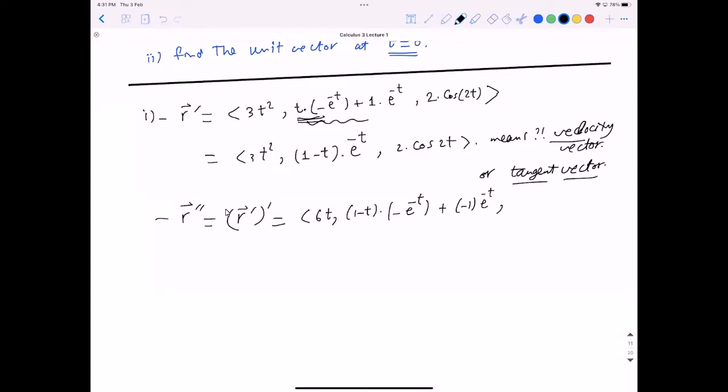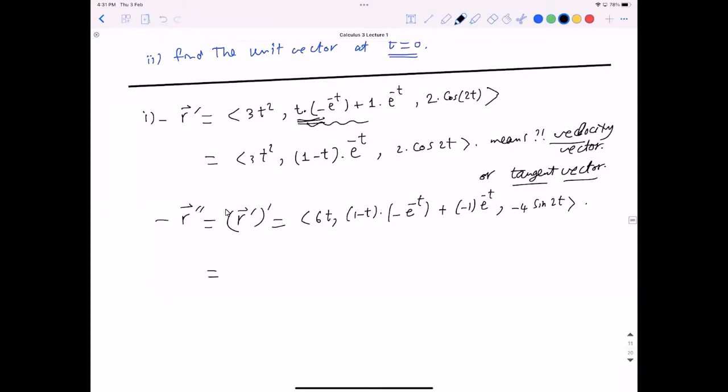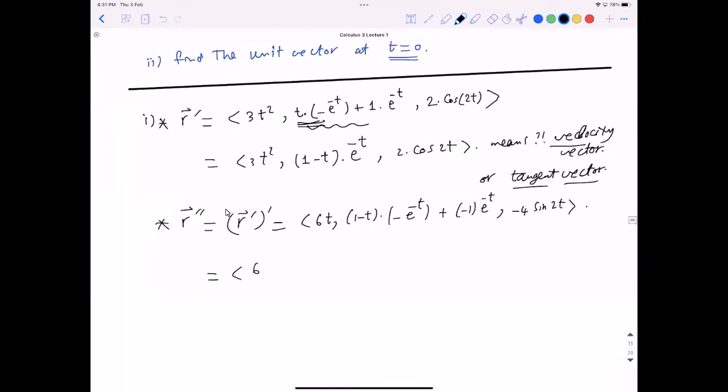Third component, the derivative of cosine 2t is negative sine 2t times the argument derivative, which will give you negative 4 sine 2t. Again, simplify. To get what? 6t here.